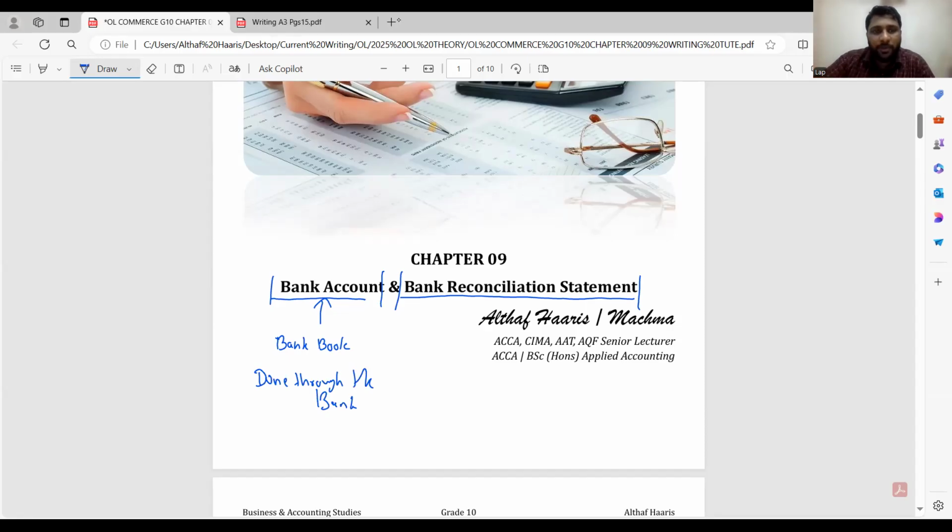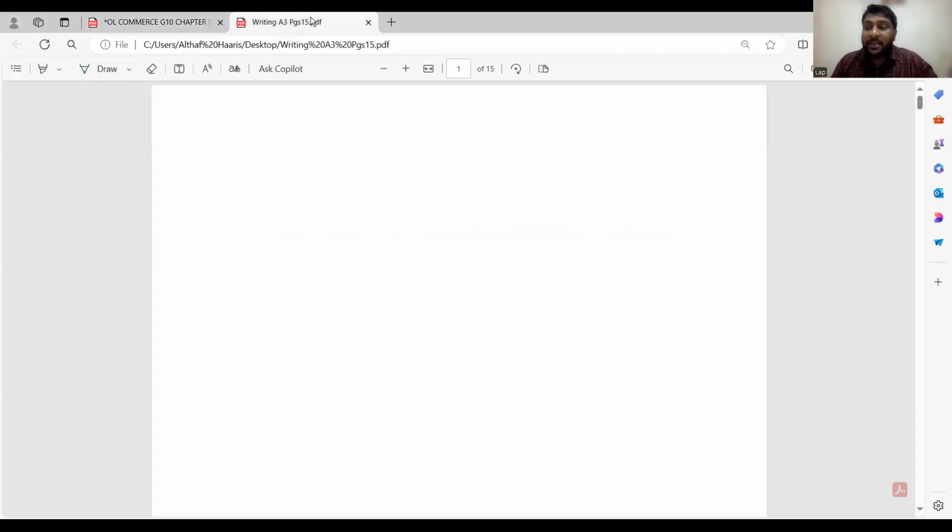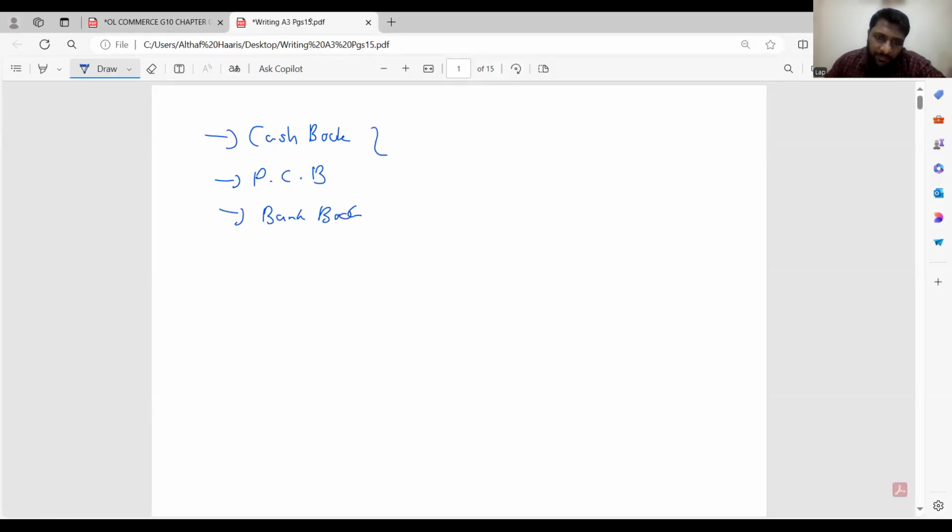So I told you before, there are three primary books which have dual functions. One is the cash book. Other one is the petty cash book. Other one is the bank book. So these three books have dual functions, two functions. What are the two functions?